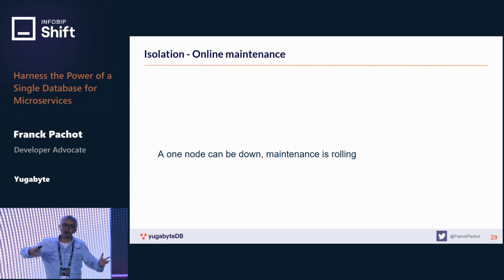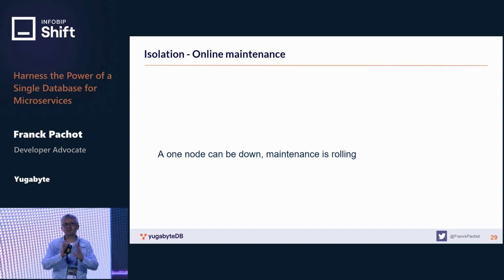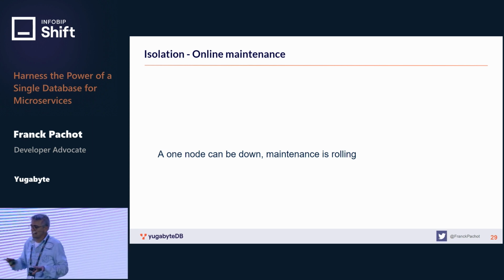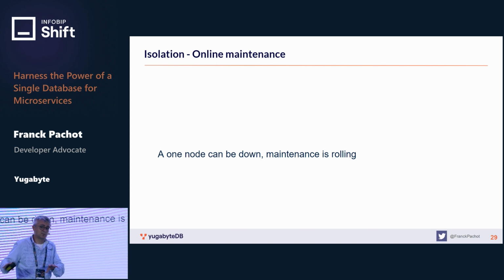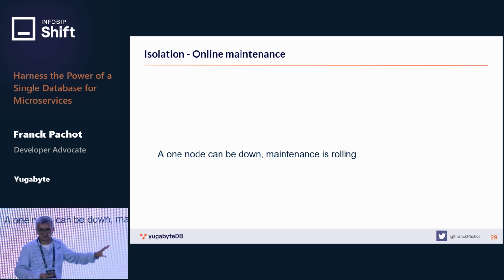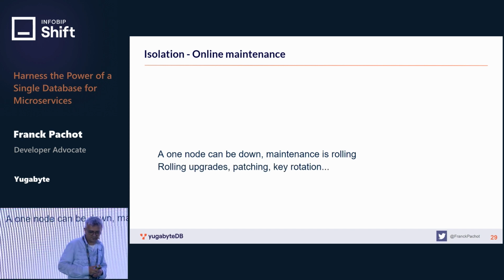But because you do rolling upgrades, you do not stop the application when you upgrade. So you didn't decouple the version. If your application really needs different versions of the database, you cannot run that, but that's usually not the case. But at least you don't have to coordinate different teams when you want to upgrade the database or just patch the server or whatever. Operations can just do that, and the application just continues.